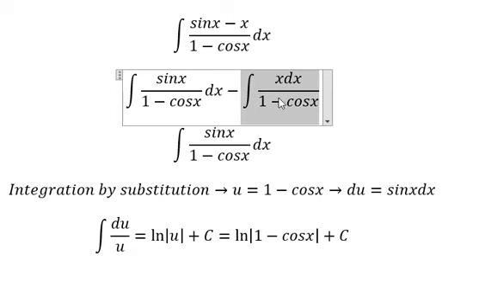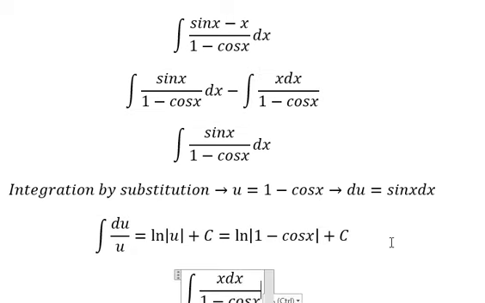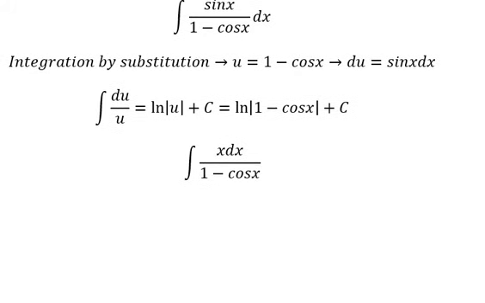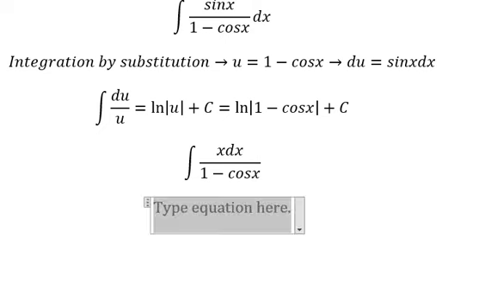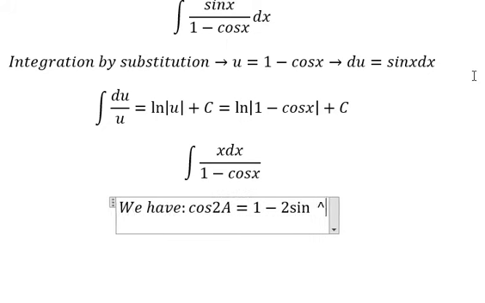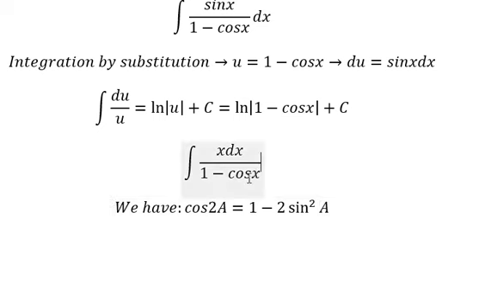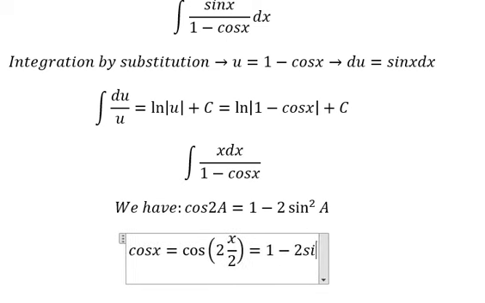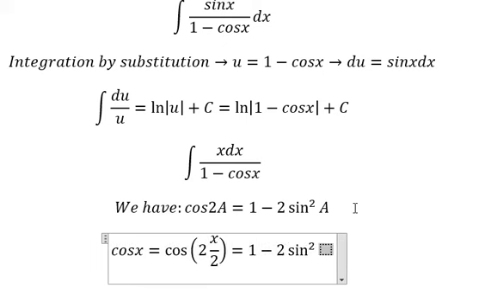Now let's go to the second one. We know that we have the formula cosine 2a equals 1 minus 2 sine squared a. So cosine s is like cosine of 2 multiplied by s over 2, and we got 1 minus 2 sine squared of s over 2.